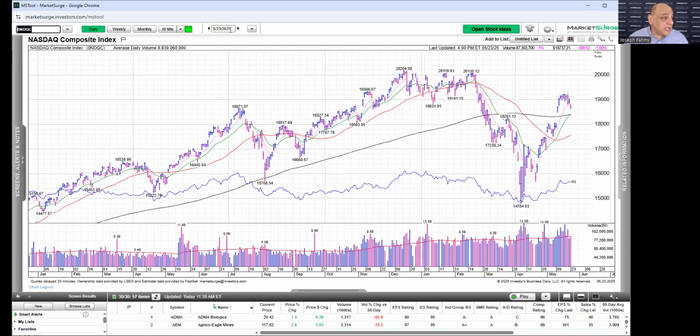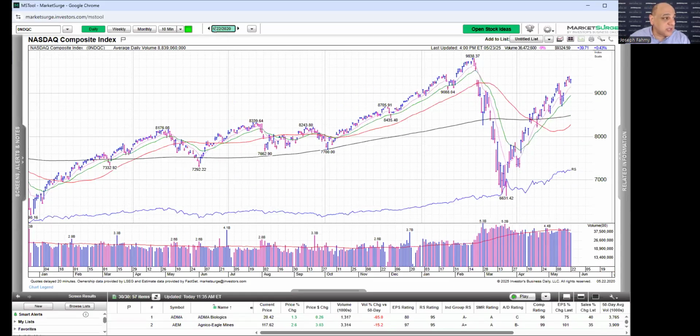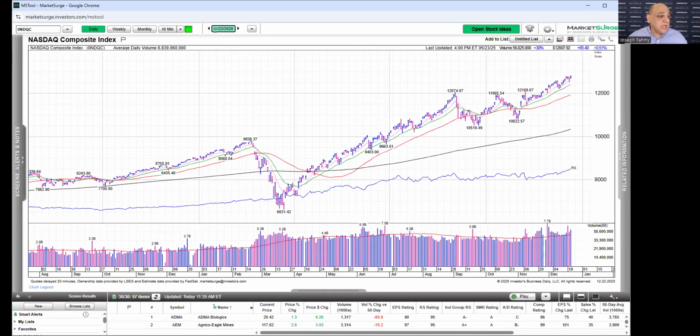Let me make a point here with why I screen and show you something around the COVID low. This is very important for me because this is March of 2020 during COVID. It's a very important point I'd like to make. This time was horrible.